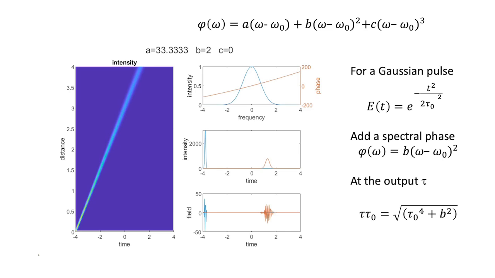So you can see here, if B squared is much smaller than tau naught to the fourth, that is, if B is much smaller than tau naught squared, then this will not have a significant effect. Conversely, if you want a significant stretching, you need B to be much larger than tau naught squared. For example, for a 100 femtosecond pulse, if B is of the order of 10 to the 4 femtoseconds squared, you will have a square root of 2 broadening of your pulse. Next slide, please.